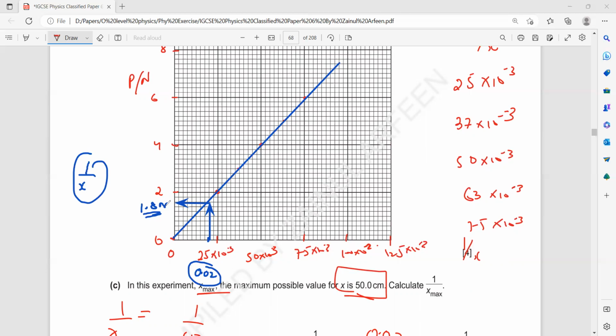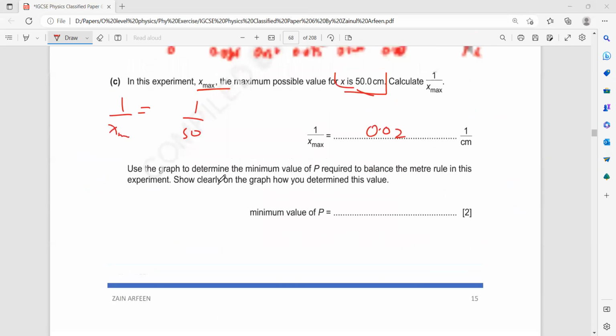So this you have to show on your graph. When the value of 1 over X is small, the value of P will also be small. So the question is, what is the value of P when 1 over X is 0.02? That's equal to 1.8 Newton. Is it clear, this part?